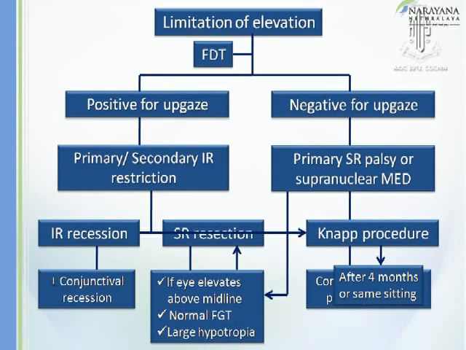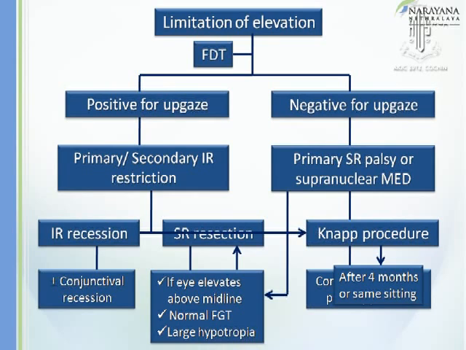But in those who plan to do it in the same sitting, it would be better to do it as a ciliary vessel sparing surgery. However, if the deviation is good, like if the eye does elevate above midline, it's more than 20 prism diopters hypertropia, there's a better FDT. In those cases, we can associate it with a superior rectus resection along with the inferior rectus recession.